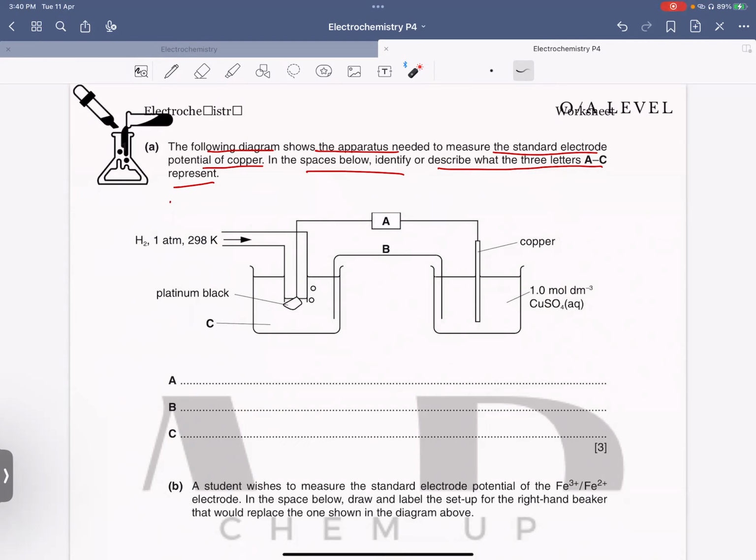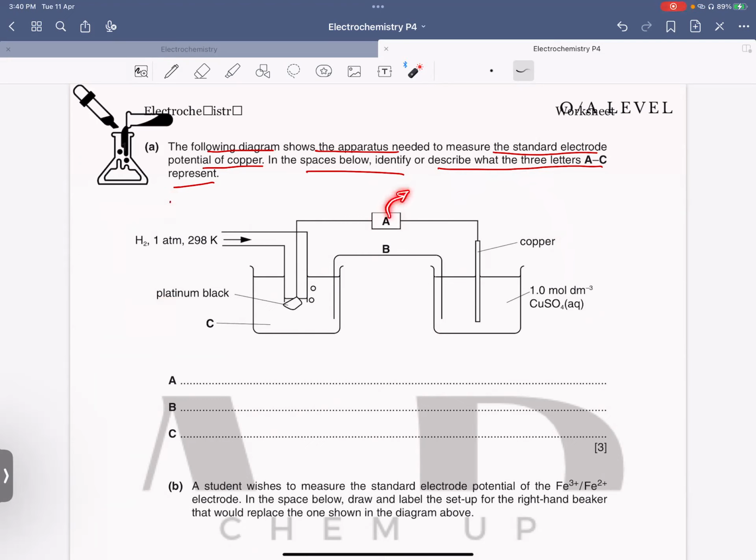These setups are for reactions taking place spontaneously, and as a result, electricity is generated. And the voltage between these two half cells would be calculated.